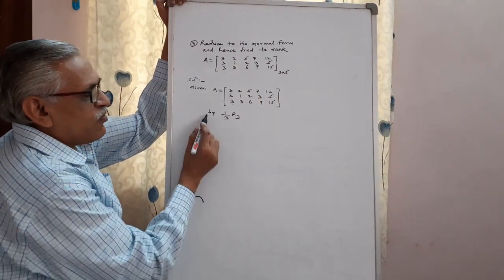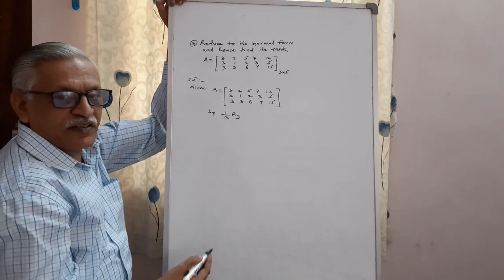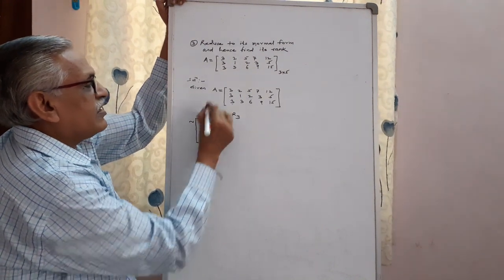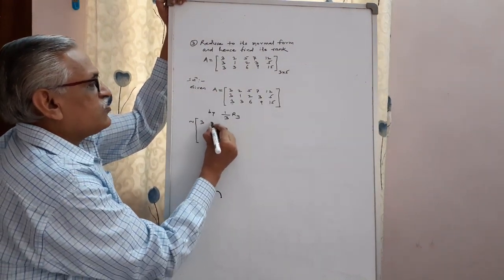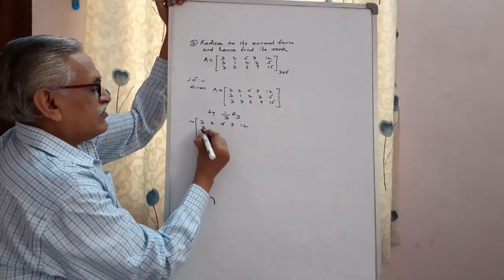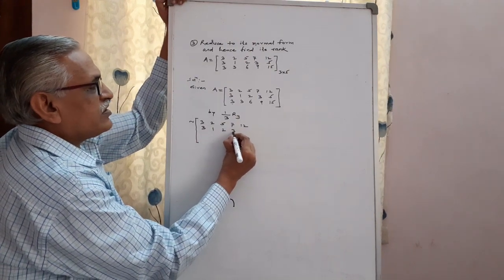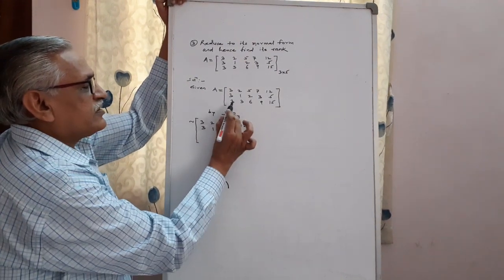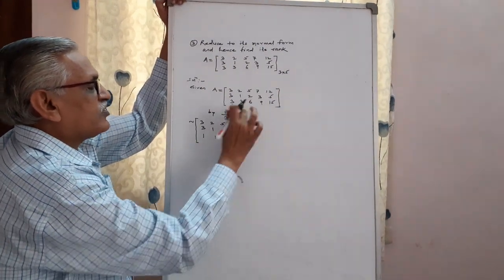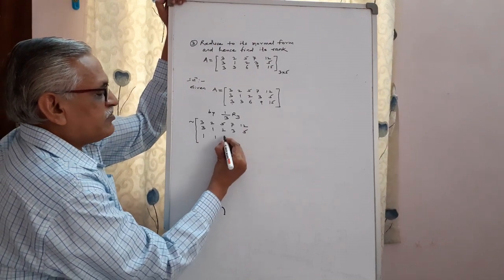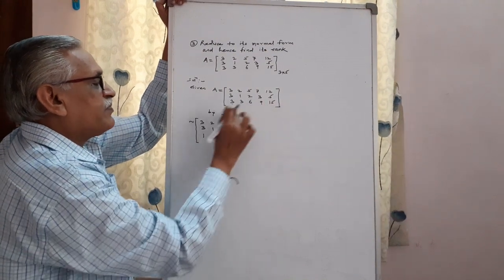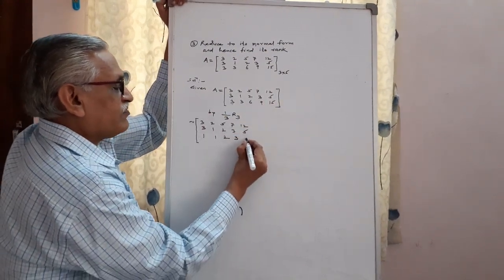Therefore transformation is 1 by 3 times R3, and applying it, first two rows no change, 3 2 5 7 12, 3 1 2 3 5, and the changes in third: 3 into 1 by 3 is 1, 6 into 1 by 3 means 2, 9 into 1 by 3 that is 3, and 15 into 1 by 3 that is 5.